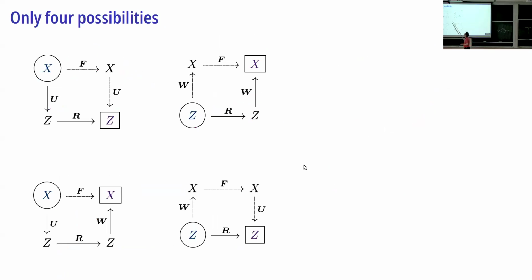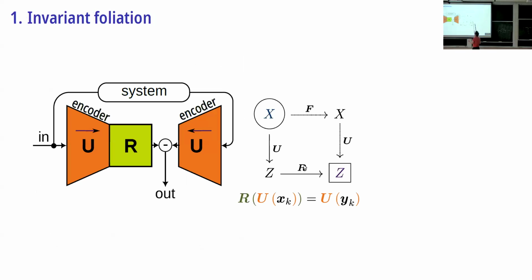You can do it in one direction, from the high dimensional to the low dimensional, or the other way around, from the low dimensional to the higher dimensional. Once you have these two choices, you can create four combinations of these and then investigate what is going on. All right, so let's go into these.